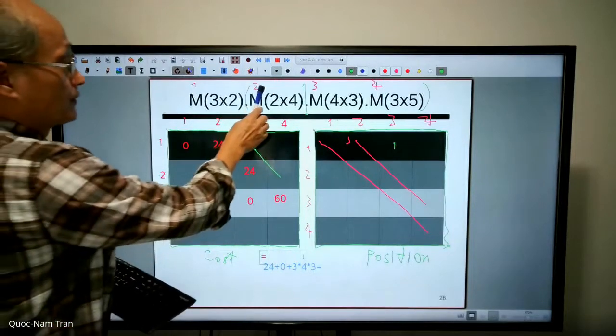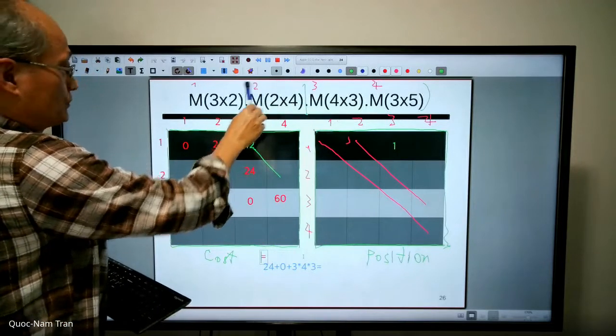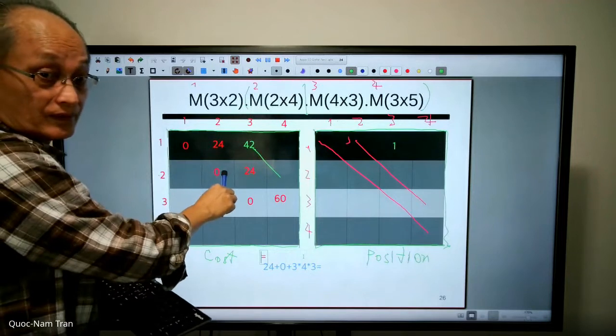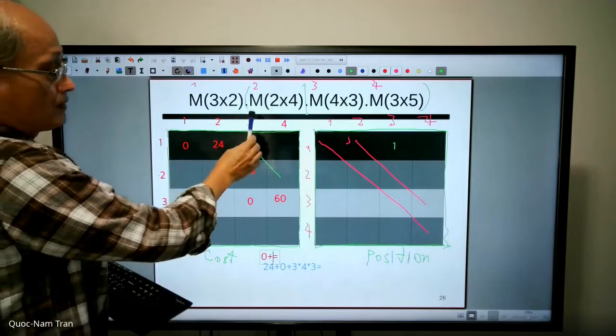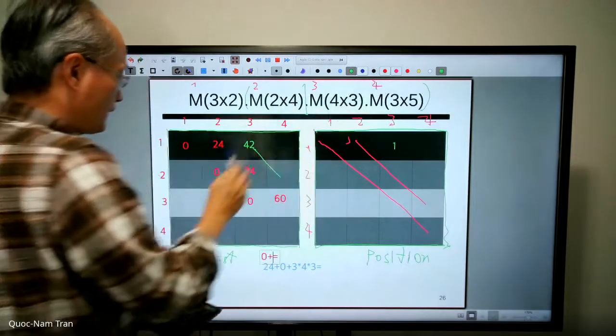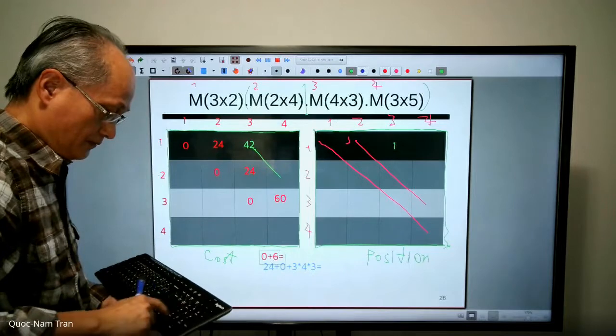Here, the cost for the left is 2 to 2. We know that is 0, right? The cost from 3 to 4, we already have it here. 3 to 4 is 60, right?